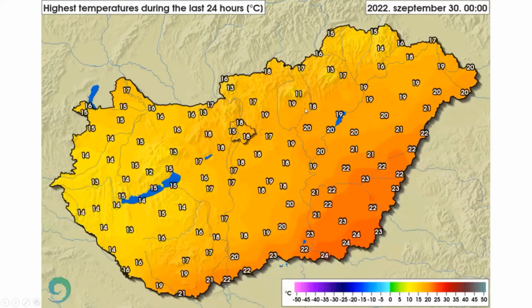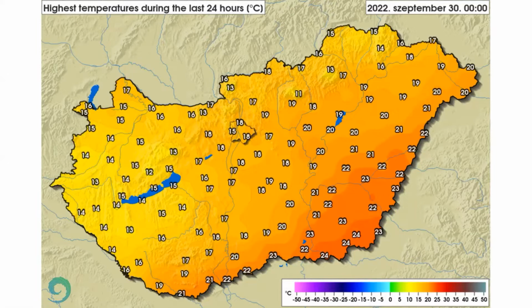And on this day, this weather situation causes big differences in Hungary between west, northwest, and the east, southeast parts in this country.